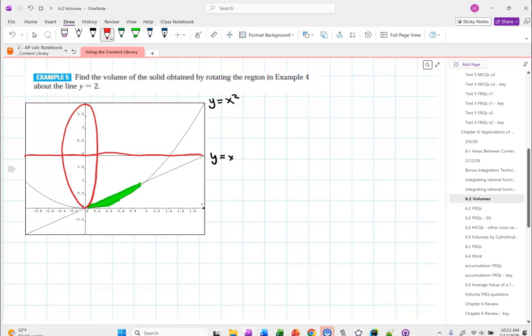So I'm going to have a circle there, and then a smaller circle there, right? It's going to be flat on the inside, but kind of bulge on the outside. And this is open in the middle.